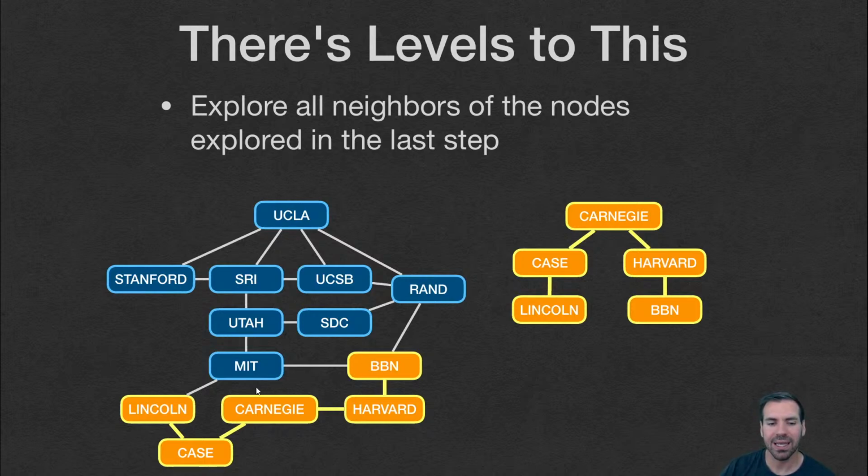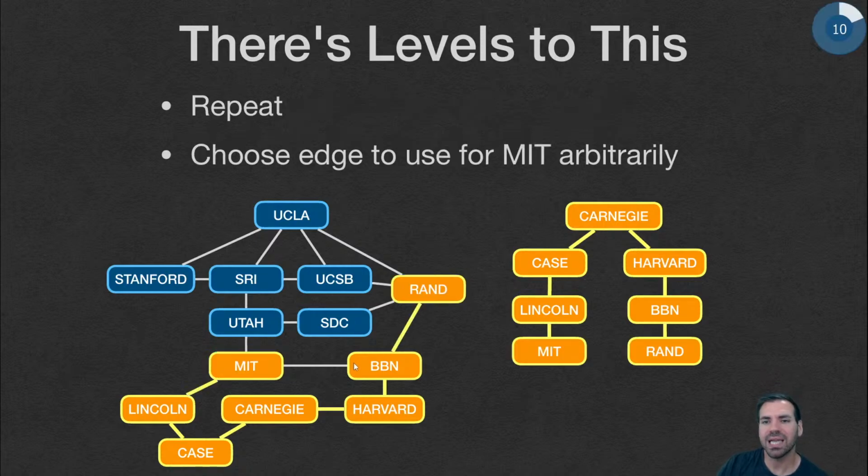Or BBN's going to get there, and Lincoln's not going to find it because we don't explore it twice. So for this demonstration, I just have to pick one of these arbitrarily. I'm going to say that Lincoln will find MIT. It'll balance my graph over here a little better. BBN has to find Rand. There's no choice there. So whenever you have a tie like that, you can break the ties arbitrarily.